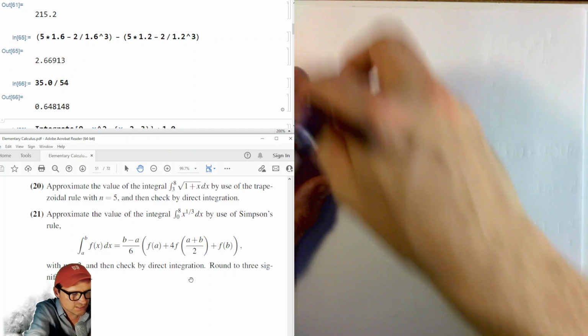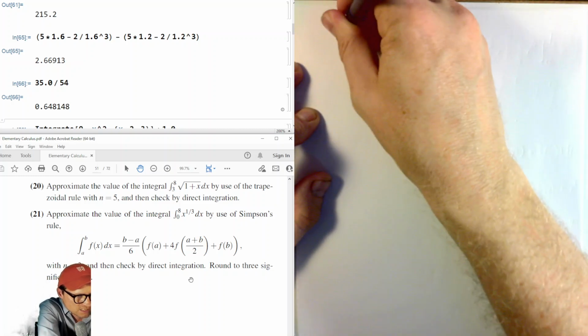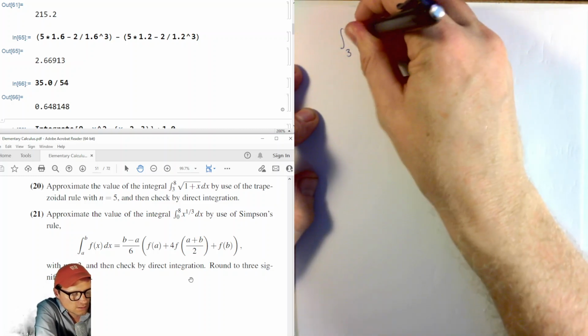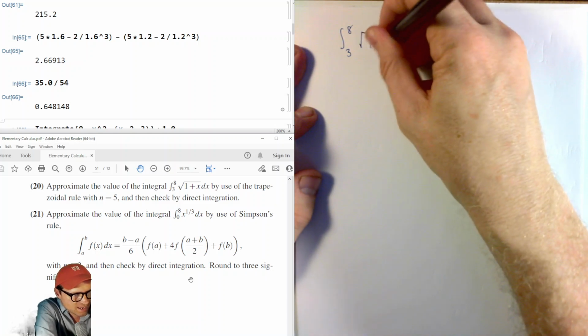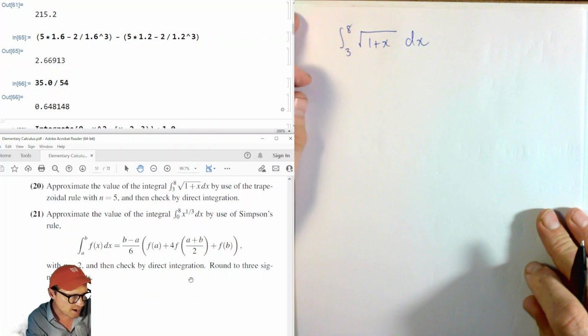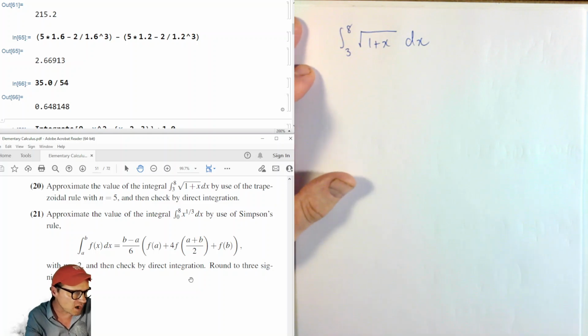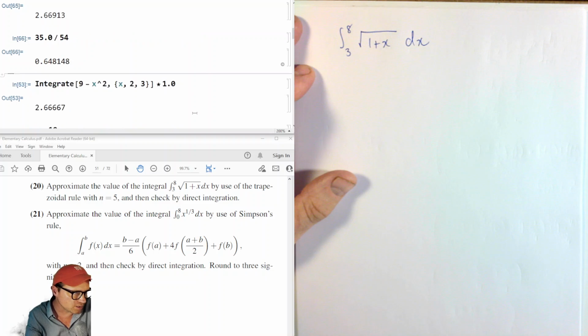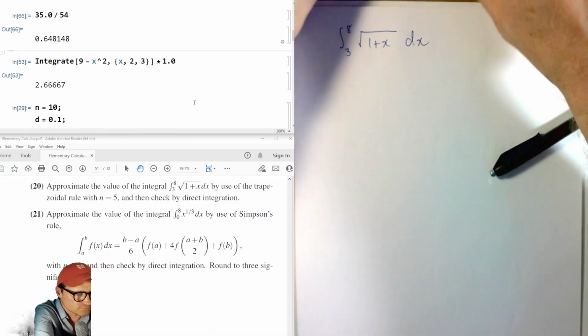Approximate the value of the integral from 3 to 8 of the square root of 1 plus x with respect to x by use of the trapezoidal rule with n equal to 5. Let's make a quick plot of this function first.